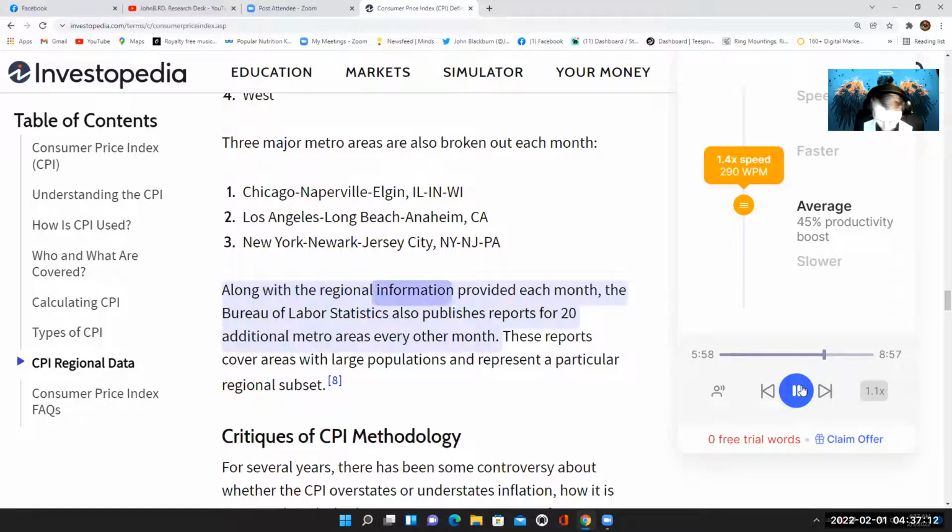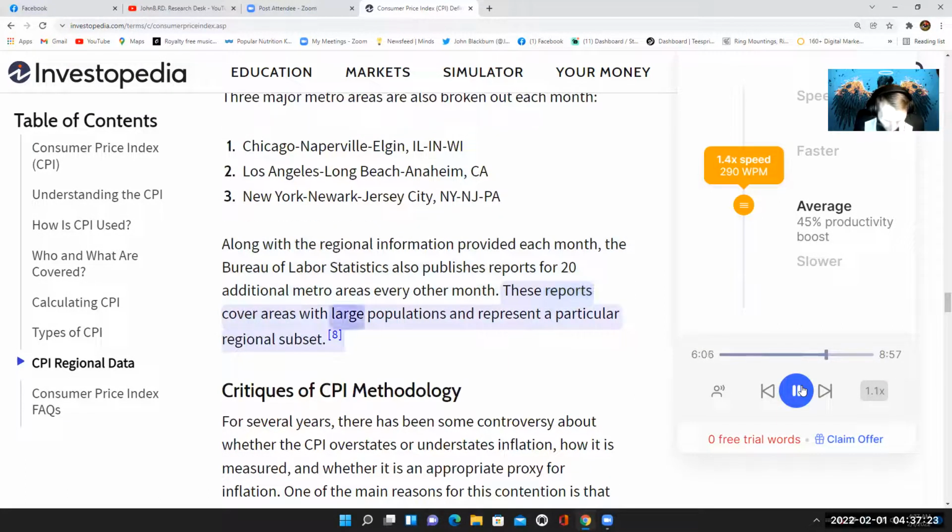Along with the regional information provided each month, the Bureau of Labor Statistics also publishes reports for 20 additional metro areas every other month. These reports cover areas with large populations and represent a particular regional subset.